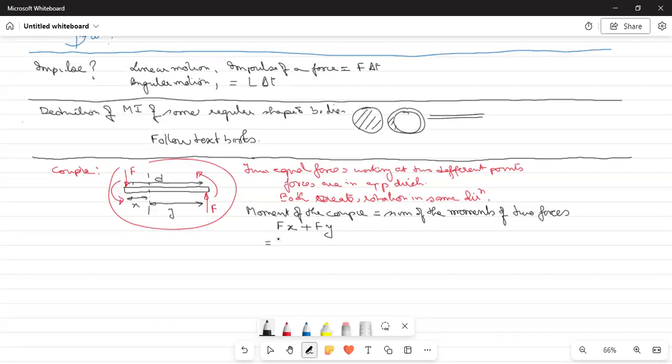So this is equal to F times d. That means any one force multiplied by the perpendicular distance. So the moment of the couple is actually force multiplied by the perpendicular distance between the two forces. This is called the moment.